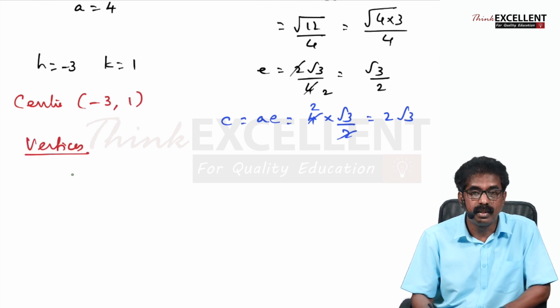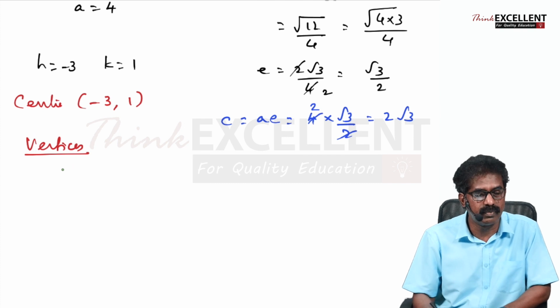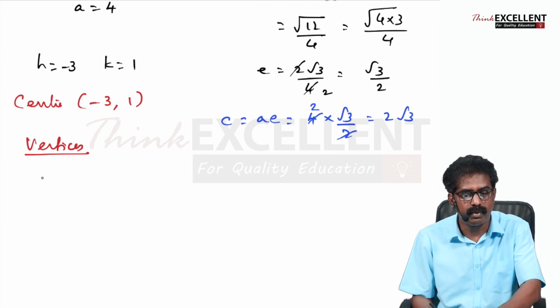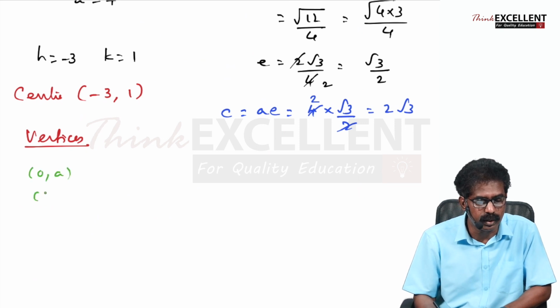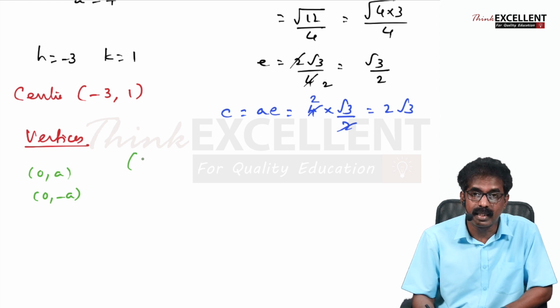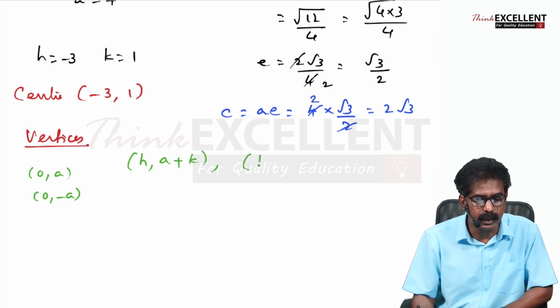So next they asked to find what? Vertex. What's the formula? This is of the second type. So it is 0 comma a and 0 comma minus a if the center is 0, 0. But here we add h, k. So 0 plus h, a plus k, and 0 plus h, minus a plus k.